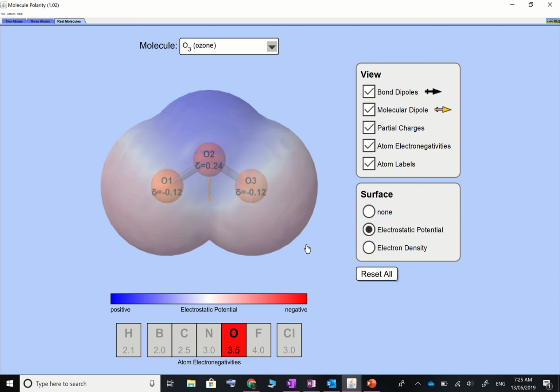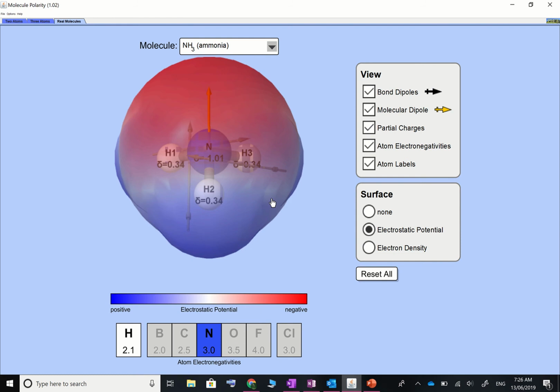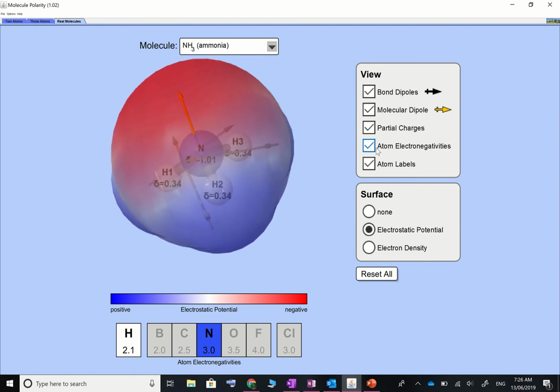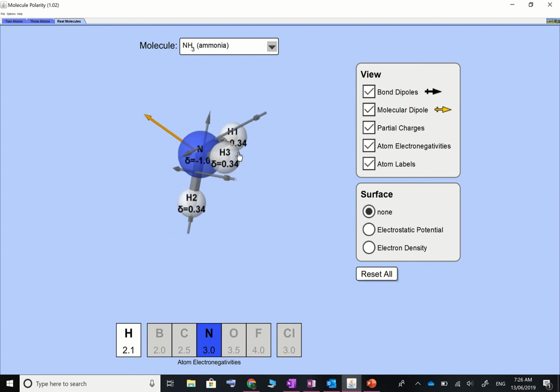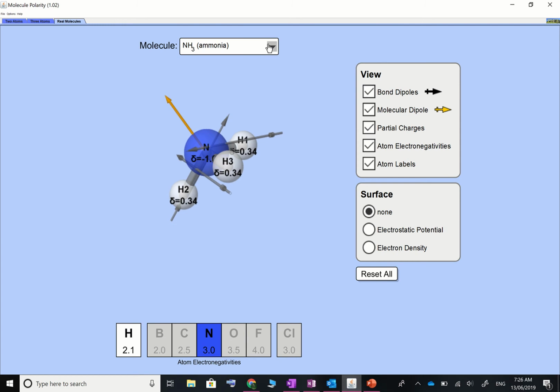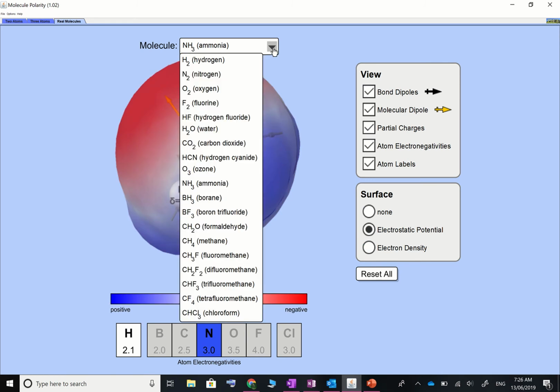It's highly unstable in nature, but it does exist, particularly when lightning hits the atmosphere. Ammonia we've talked about in class, so I might just take off that one there, so you can see the shape of the dipole. Electron density, of course, is going to be a lot more around nitrogen because it's more electronegative.